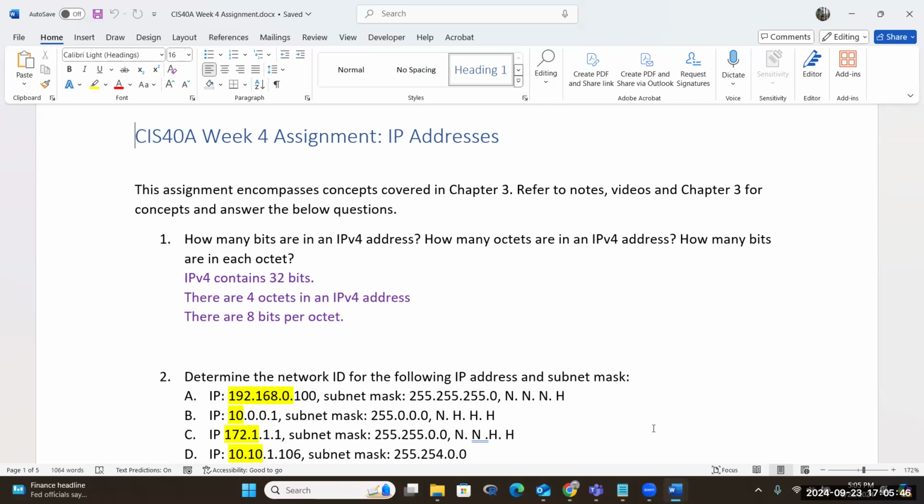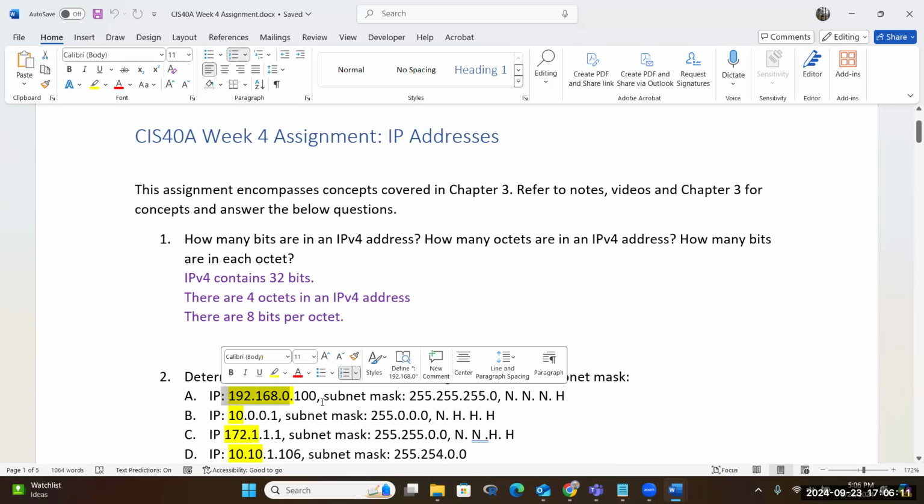So in the larger scheme of things, when you're looking at public IP addresses, a lot of them have transitioned to version 6. So we know that IP version 4 is 32 bits in length. And when you are looking at an IP address, for example, in question 2 right here, you're going to see that there are 4 octets.